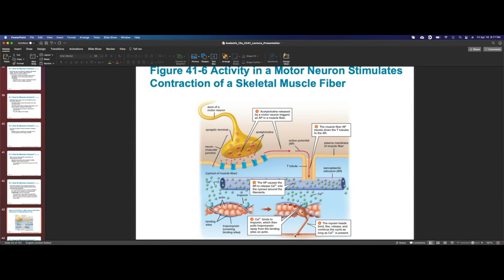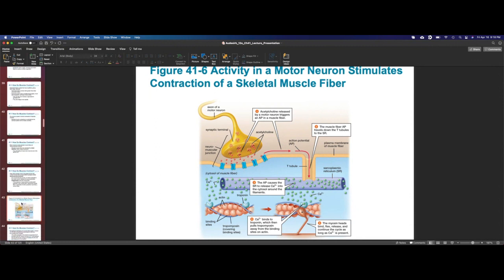And again, that shortening of that unit and that movement of the myosin head requires ATP. So you have a lot of things going on here: calcium, ATP, the interaction between the neurons and your muscle cells, all sorts of things.